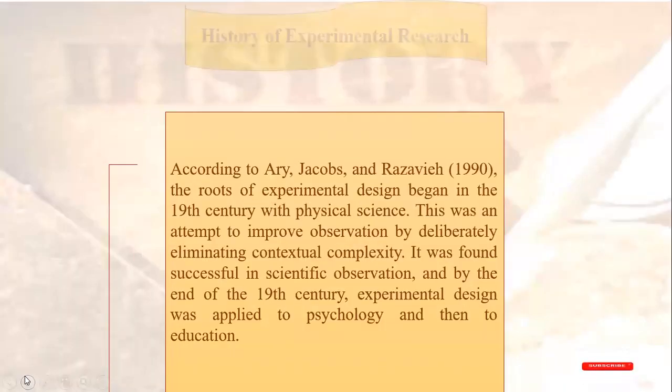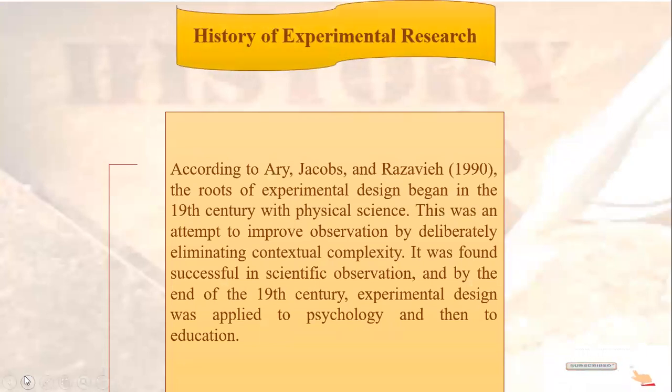So, what is the history of experimental research? According to Jacobs and Ary, the roots of experimental design began in the 19th century with the physical sciences. The 19th century was when science and its advancement were at their peak, but today is the century of technology.